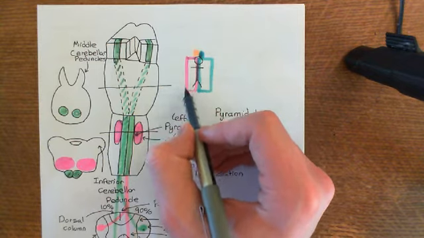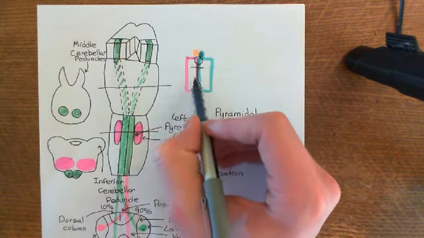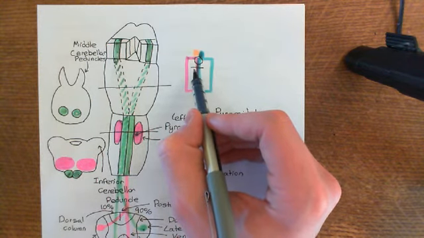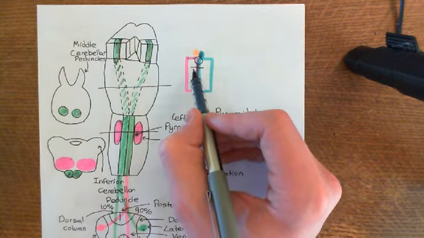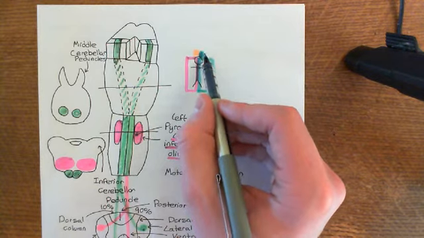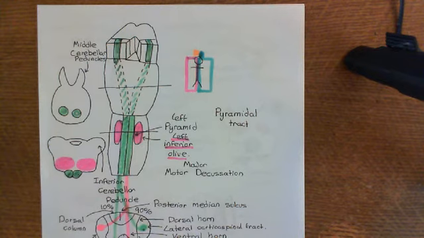Then for the right half of the body, again, skeletal muscle cells on the right half of the body were innervated by lower motor neurons which had their cell bodies in the right ventral root horn. However, those lower motor neurons were then innervated by upper motor neurons which had their cell bodies up in the left primary motor cortex. The same is going to be true with the cranial nerve nuclei.